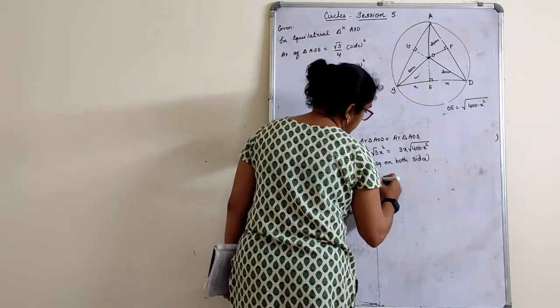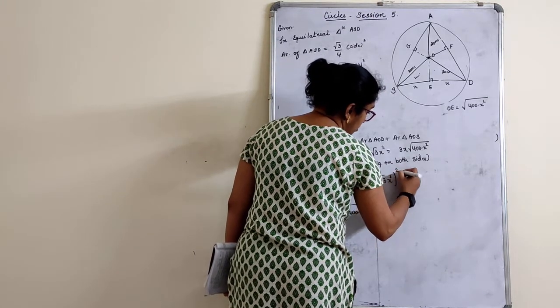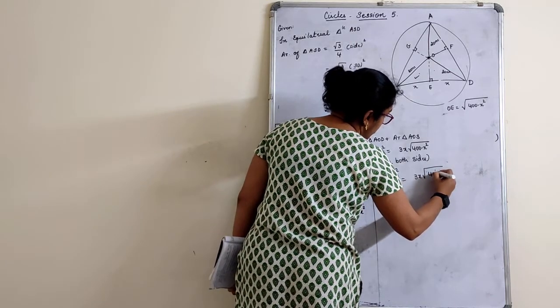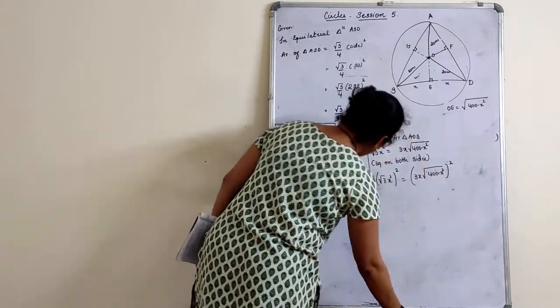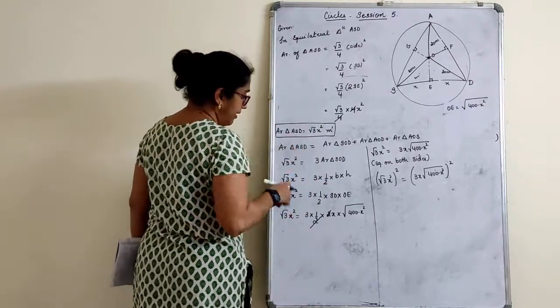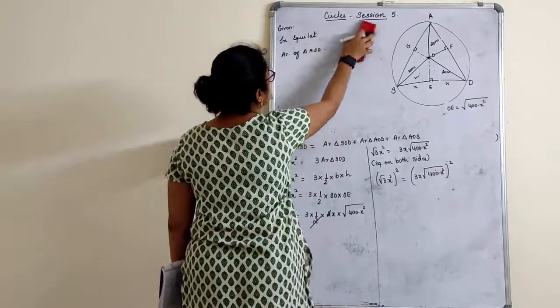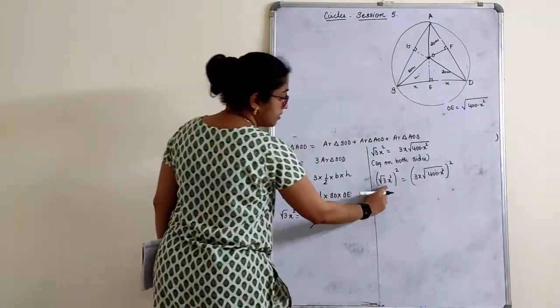So if I square on both sides, root 3x square whole square is equal to 3x root of 400 minus x square whole square. Shall I rub this much of part, children? Okay. Anyhow, we have written everything here. Root 3 whole square.